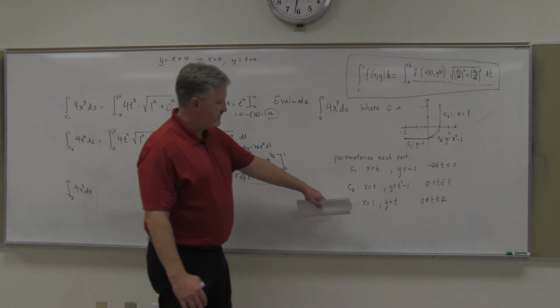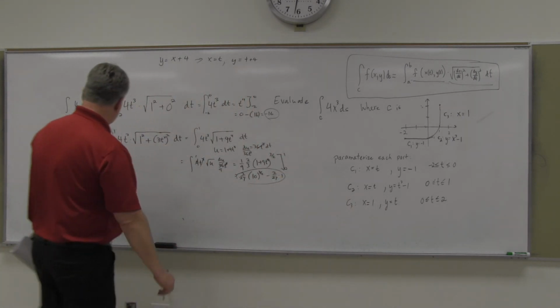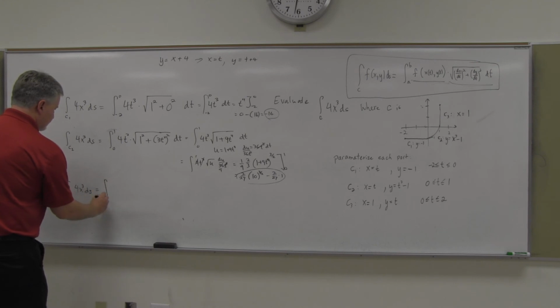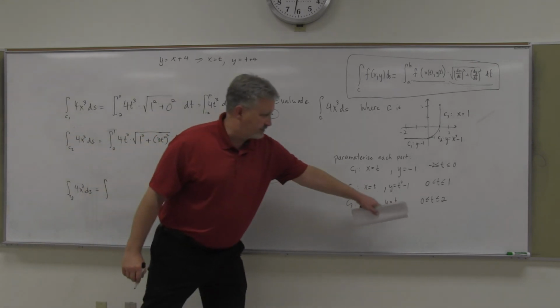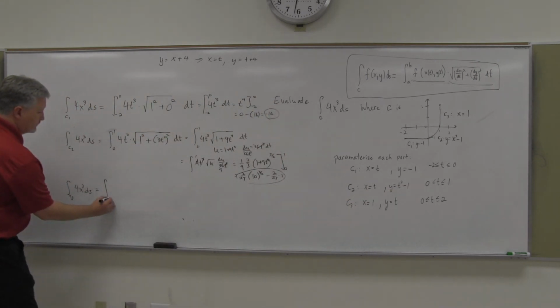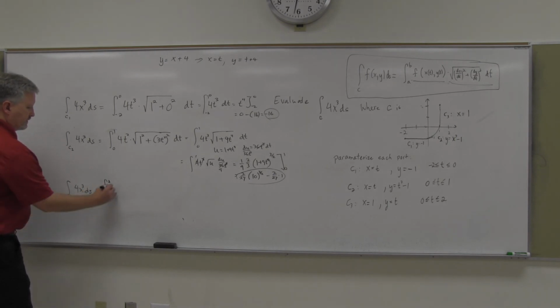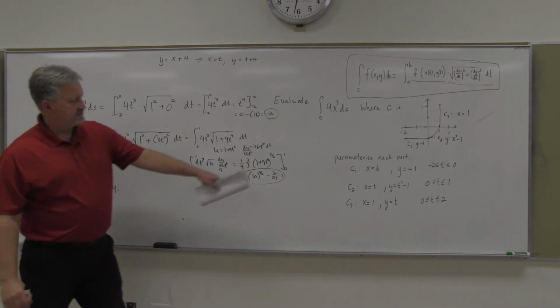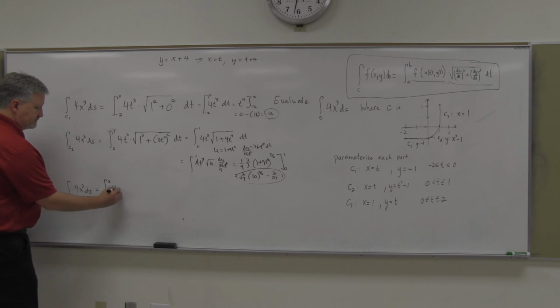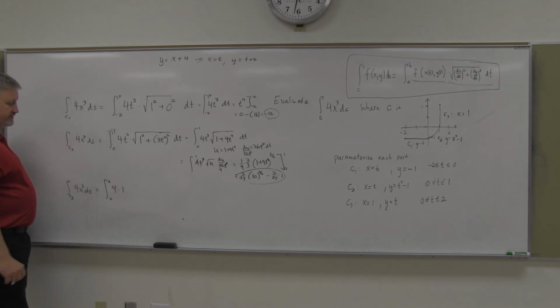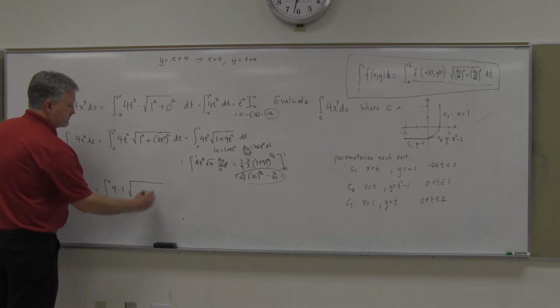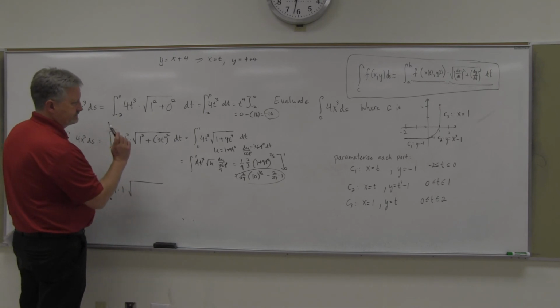And then C3, 4x cubed, so we're doing the same integral each time, it's just that our curve part is changing. All right, so in C3, we're going 0 to 2, 4, and then x is 1, so that part is just 4 times 1. Then we have to do the square root of the derivative.